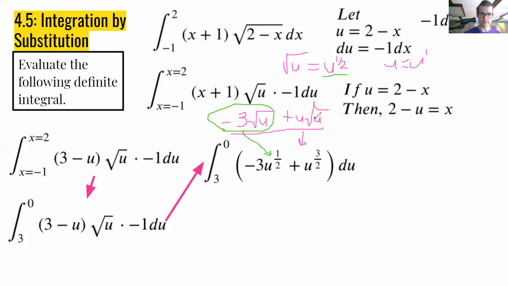The question is, how does this piece become that? If you have u to the first times u to the 1/2, that's equal to u to the 1 plus 1/2 power. It's a lot easier when I write on the iPad instead of with the mouse. So 1 plus 1/2 gives us 3/2 power.